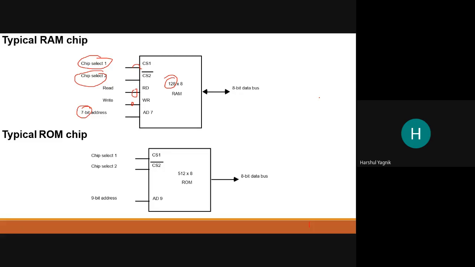What does that bar sign mean? On chip select 2, there is one bar sign shown. What does it mean? Anyone?